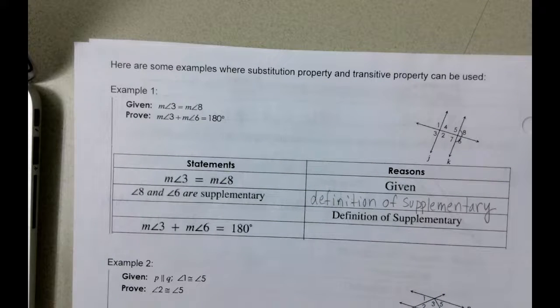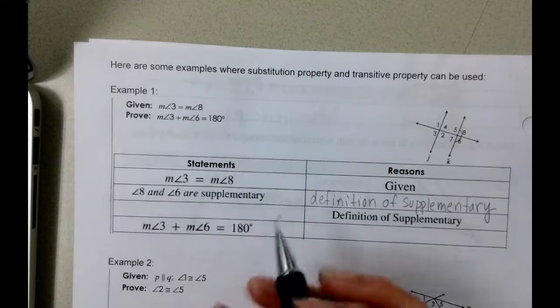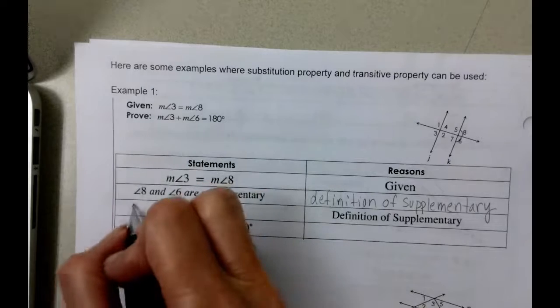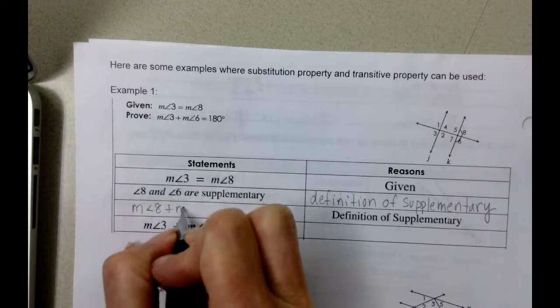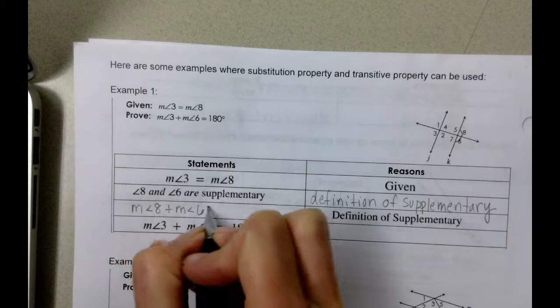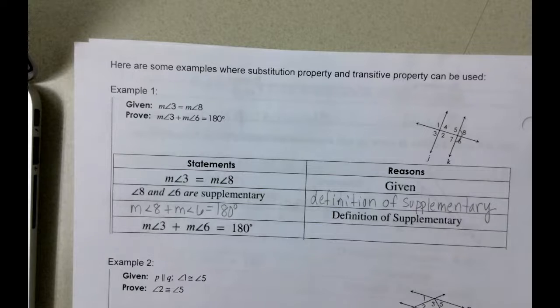Well, since we can say that angle 8 and angle 6 are supplementary, we can also say that the measure of angle 8 plus the measure of angle 6 equals 180 degrees. And that's still definition of supplementary.